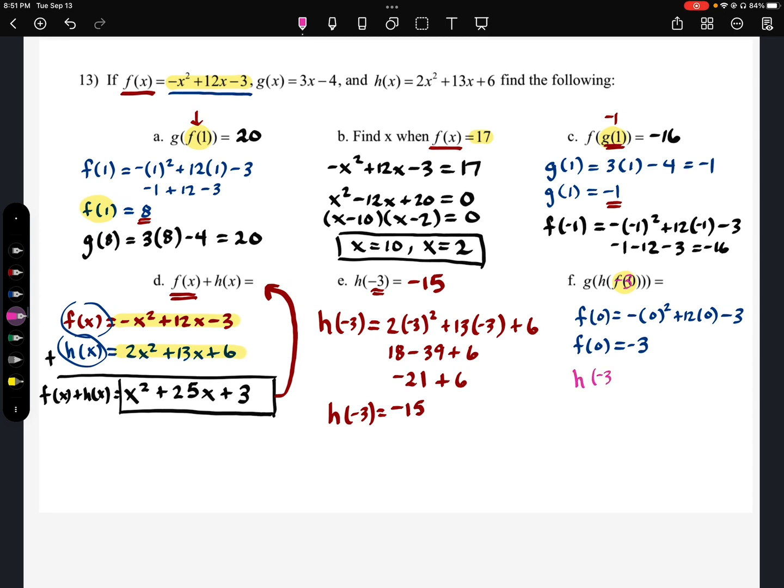So we'll do h of negative 3 next, which is, oh shoot, did I put that in the wrong one? No, I put it in the right one. H is the 2x squared one. So we have 2 times negative 3 squared plus 13 times negative 3 plus 6. So that's 18.